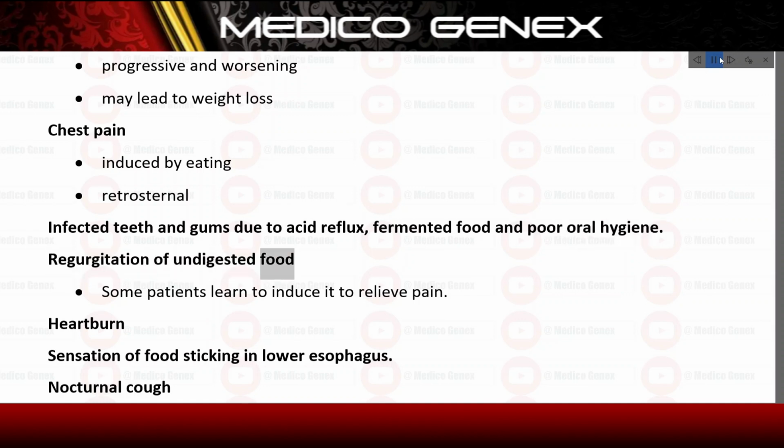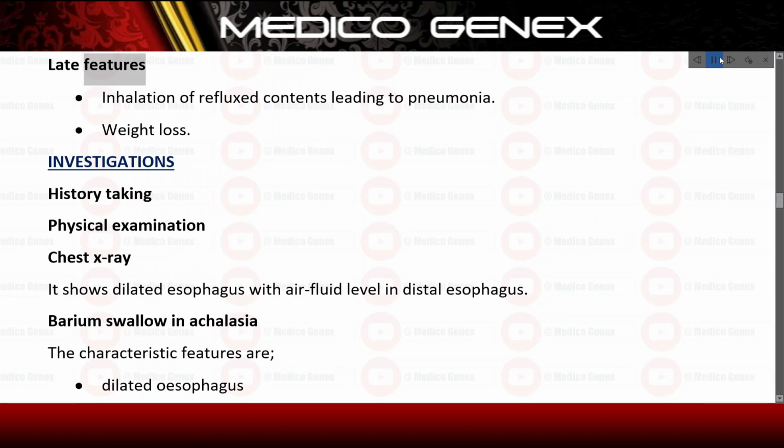Regurgitation of undigested food. Some patients learn to induce it to relieve pain. Heartburn. Sensation of food sticking in lower esophagus. Nocturnal cough. Late features: inhalation of refluxed contents leading to pneumonia. Weight loss.